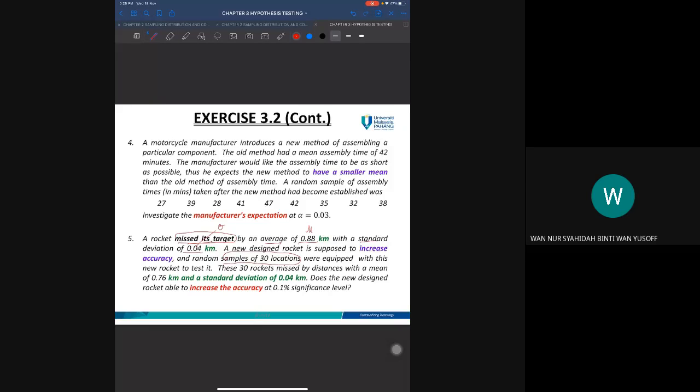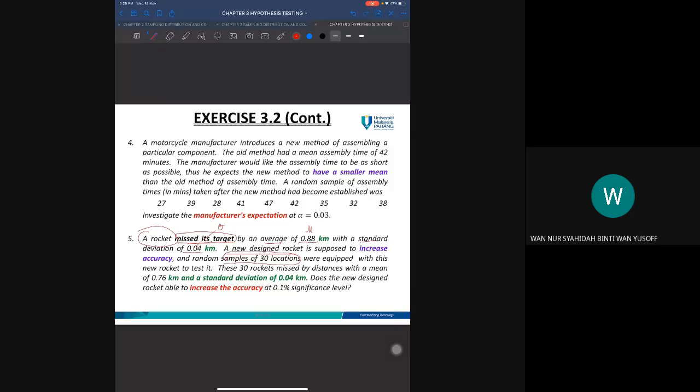Another important point: in this situation, we have the new design rocket, so the old rocket is the former rocket.